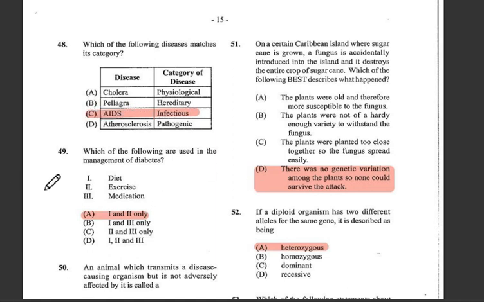Number 49. Which of the following are used in the management of diabetes? So with diabetes, once they change their diet, we can use that to manage the diabetes level, and medication can also be used, but we are talking about the management itself. Between these options, it's a little bit puzzling between the diet and the medication.